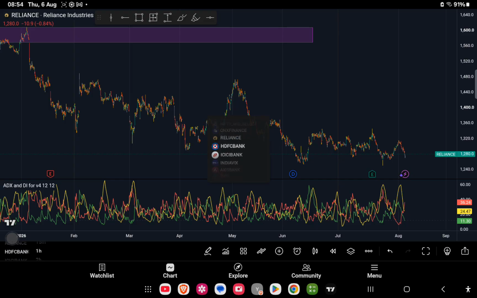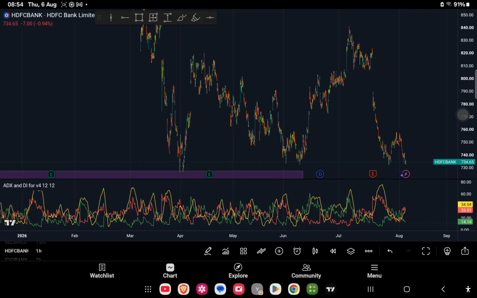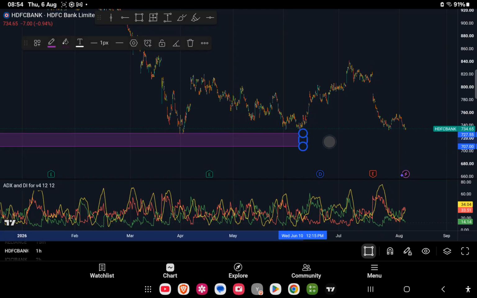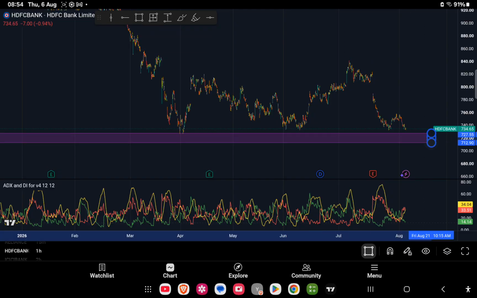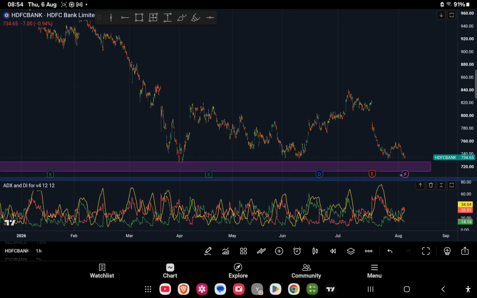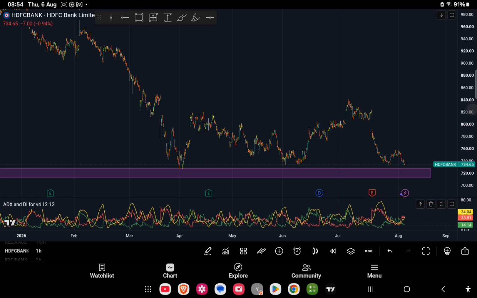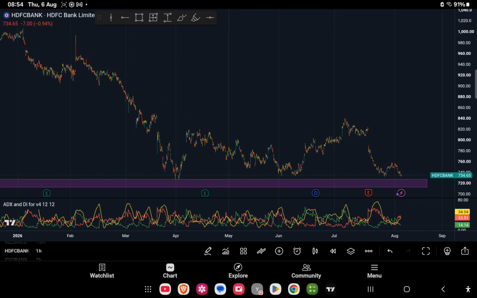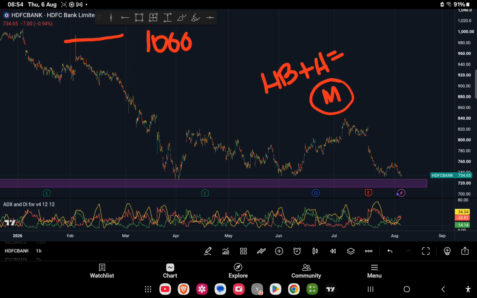Now we have HDFC Bank. This is the HDFC Bank situation. A similar kind of situation, at a very critical support. When you check, the fall is very drastic here. You could clearly see the starting was 1000. This is mostly the HDFC Bank plus HDFC merger being the reason for the downfall.